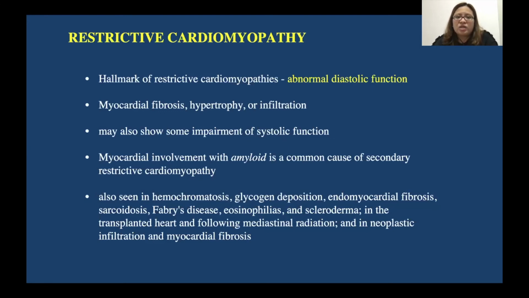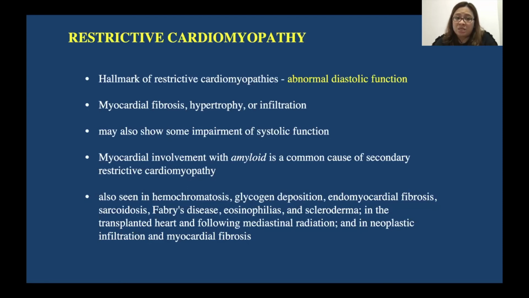Myocardial involvement with amyloid is a common cause of a secondary restrictive cardiomyopathy. Other causes include hemochromatosis, glycogen deposition, endomyocardial fibrosis, sarcoidosis, Fabry's disease, eosinophilias, and scleroderma.